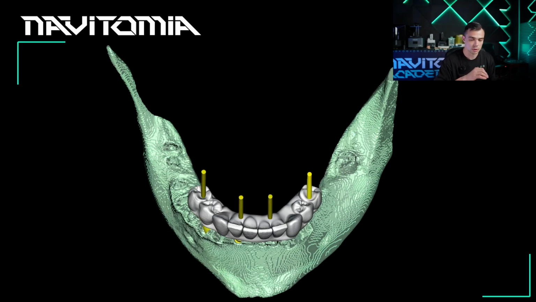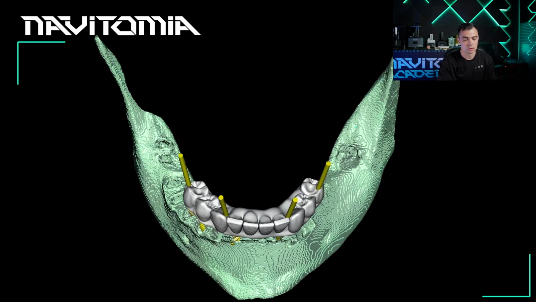Therefore, in order to avoid these internal forces, please try to make the axes as parallel as you can.